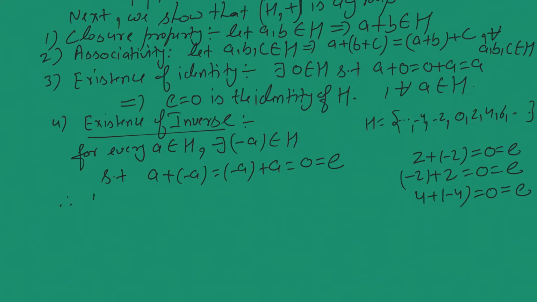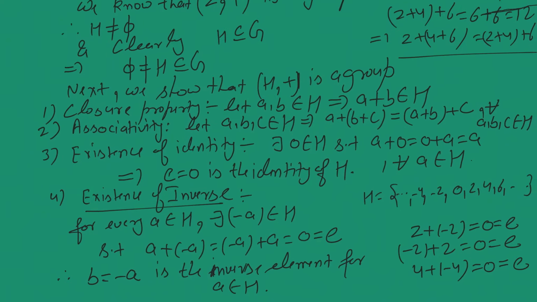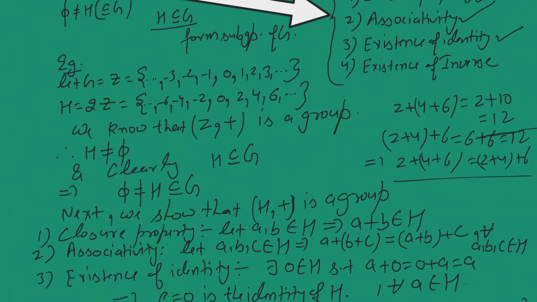Therefore, B is equal to minus A is the inverse element for A belonging to H. Therefore, inverse of each and every element exists. So fourth property is also satisfied.